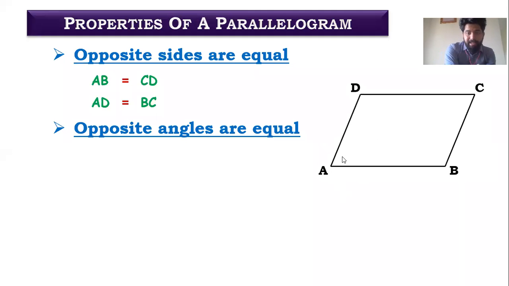So everyone agrees: when you stand at angle A, the angle that you will see in front of you is angle C. So angles A and C are opposite angles. Understood? Perfect.